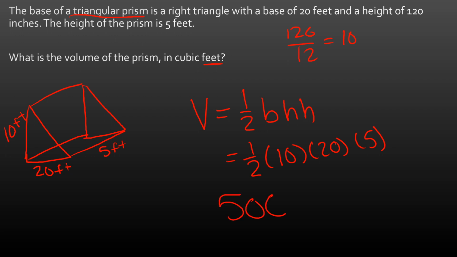So the volume of my triangular prism here is going to be 500 feet cubed. Again, drawing pictures is always helpful. Also, knowing your volume formula is incredibly helpful. Please try and memorize them.